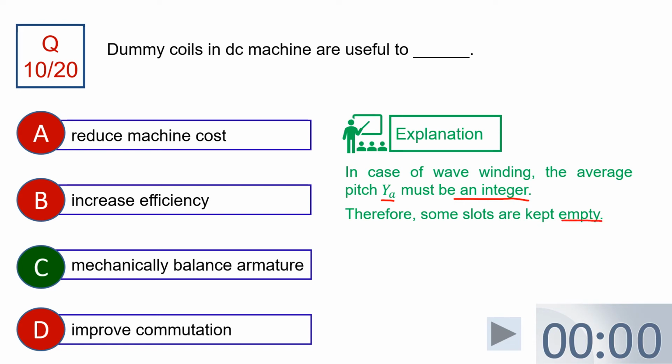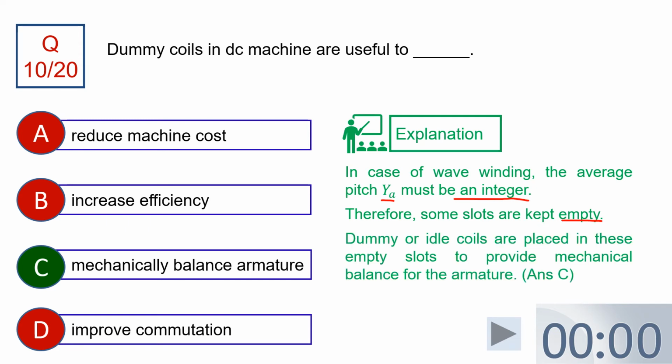Now if the slots are kept empty, then the armature will not be mechanically balanced, and therefore to balance the armature mechanically we have to place dummy coils in some armature slots, and therefore option C is the correct answer.